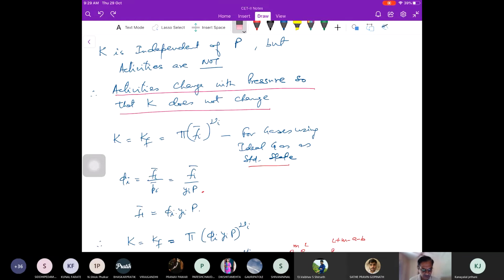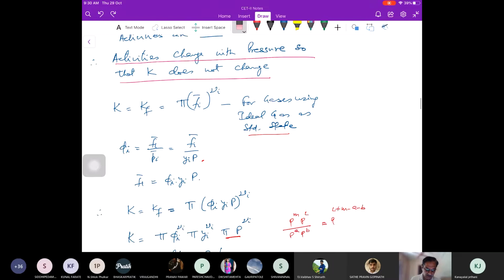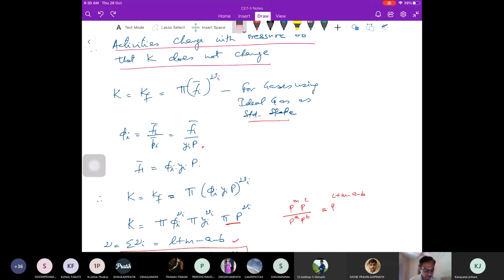But we had defined different forms of K. K is equal to Kf, which is nothing but the product of f i bar raised to the power of nu i, and this is for ideal gases using a standard state of low pressure. And we have also defined phi i, the fugacity coefficient, which is f i bar divided by p i bar, which is nothing but f i bar upon y i into total pressure.